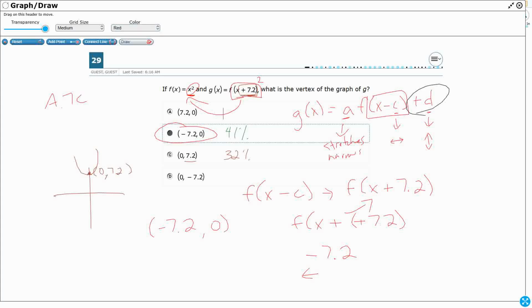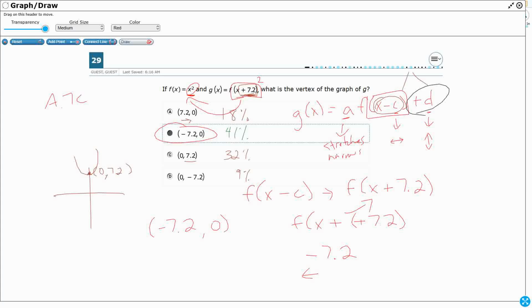We also had 18%. Now, this is still dealing with the horizontal shift, but this is thinking that the plus 7.2 moves you to the right. Interestingly enough, that wasn't the most chosen incorrect answer. C was. And so that lets us know that the misconception is not so much what do you do with an x minus c?